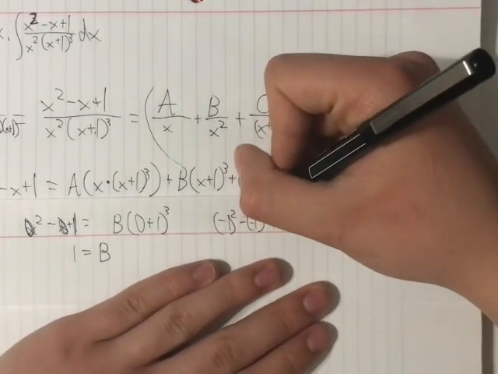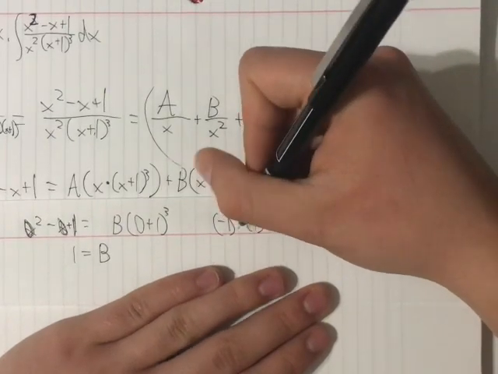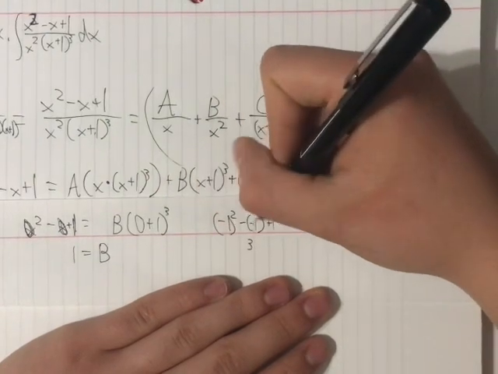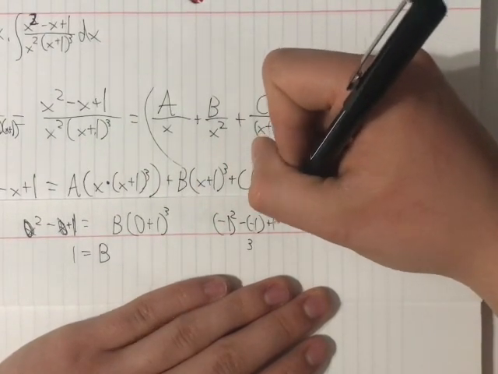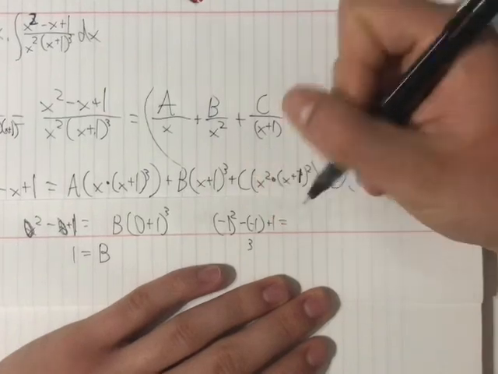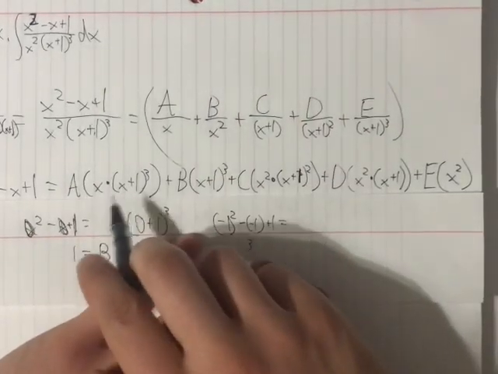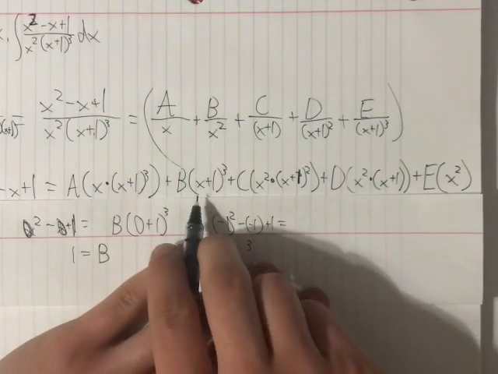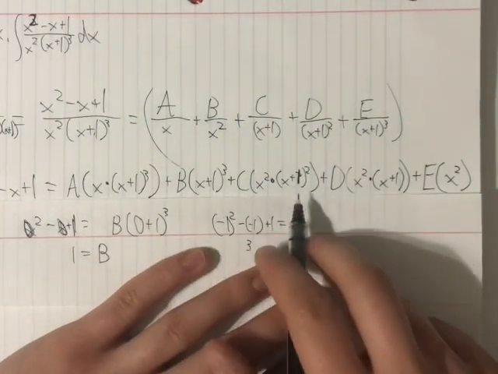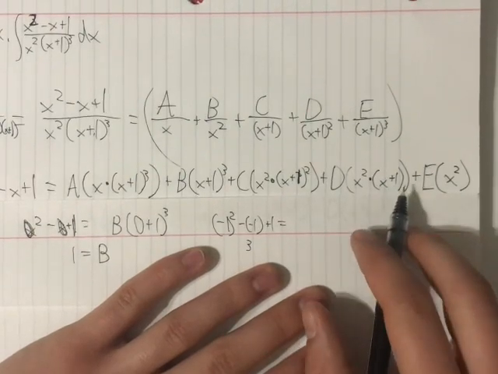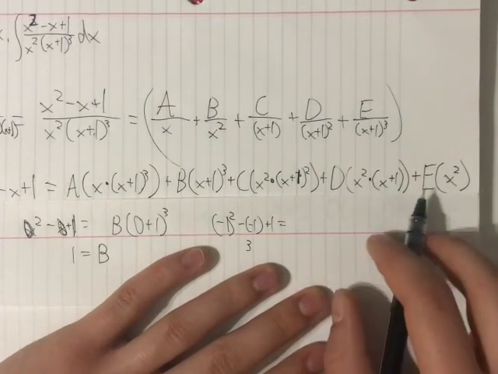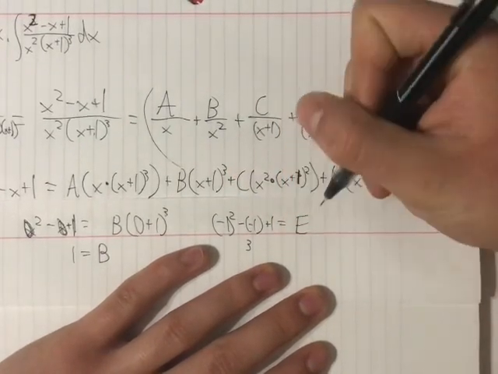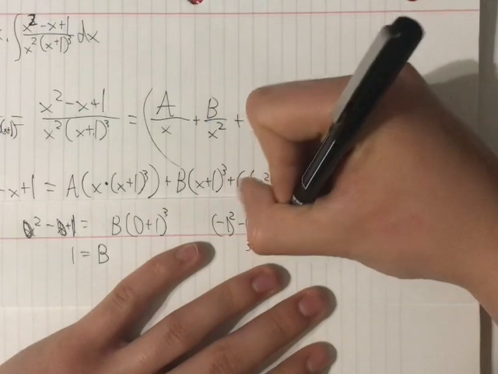Let's see, 2 plus 1, that'll go to 3, because 1 plus 1 plus 1, 3 equals, and then a, if we throw in -1, -1 plus 1 goes to 0. Negative 1 plus 1 goes to 0. Negative 1 plus 1 goes to 0. Negative 1 plus 1 goes to 0. And then that'll just leave us with e. So 3 equals e.